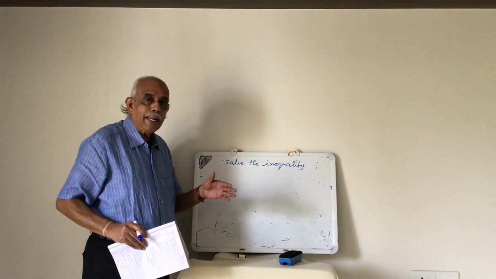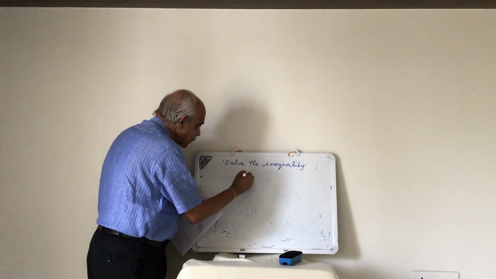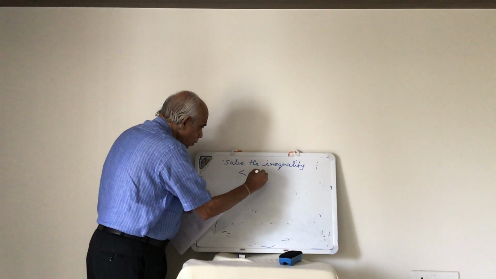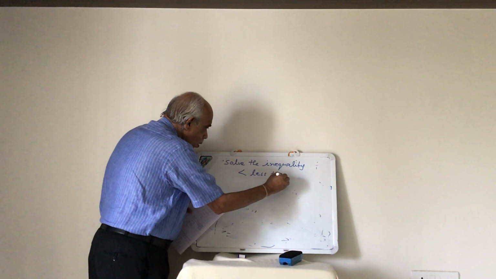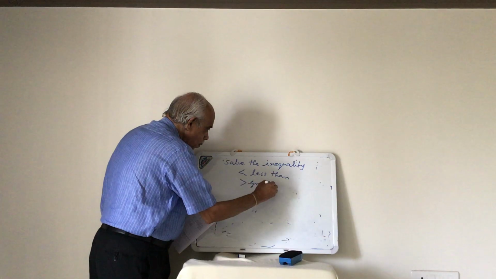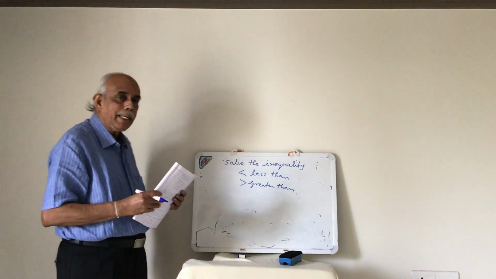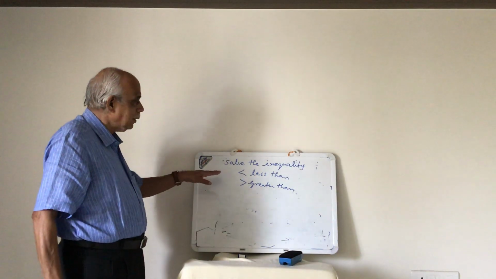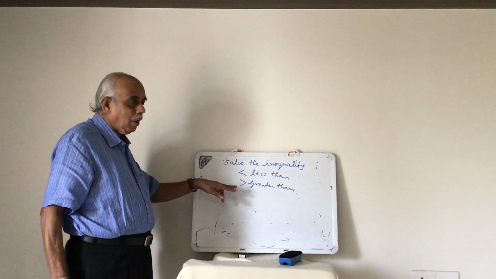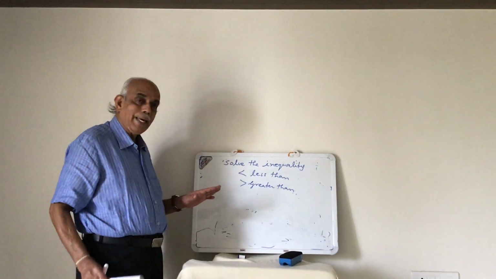So either they are less than or greater than. So you are using these symbols, this is less than, and this is greater than. Whenever we solve the inequality, we are using these symbols less than or greater than, and they are solved just like any algebraic equations.